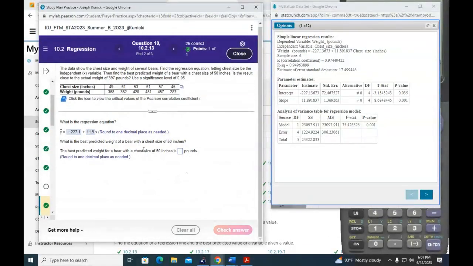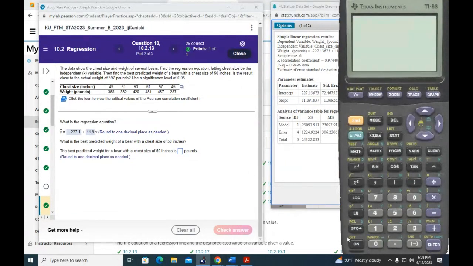What's the best predicted weight for a bear of 50 inches? Now, remember, always check your p-value. If it's less than the alpha, here the alpha is 5%. So we're at 0.1%, so yeah, we're okay. We can use the regression equation.